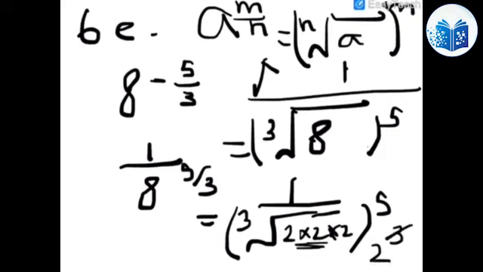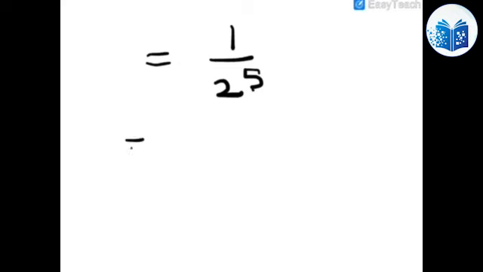So this 3 will be cancelled with this root 3, and we will be left with 2 power 5. This 2 power 5, which I have written here, is equal to 1 over 32.